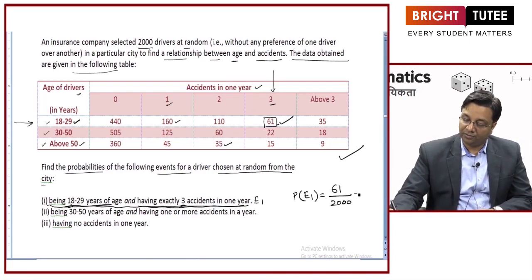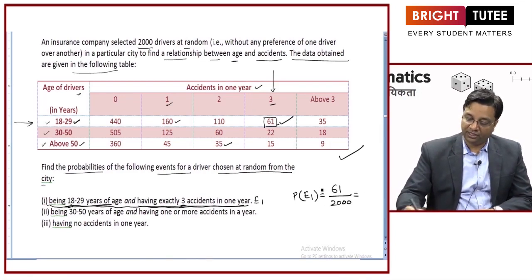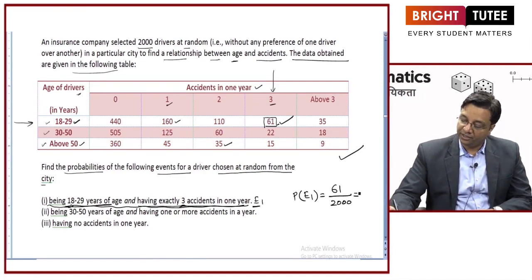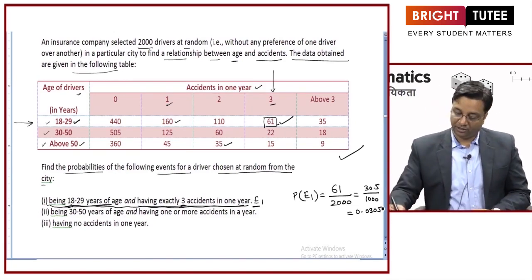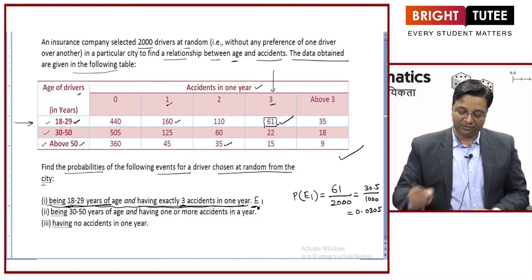So, this is the probability of this event happening, and it will be equal to 30.5 divided by 1000, right. Then it can be written as 0.0305, right. So, this is the probability of E1.